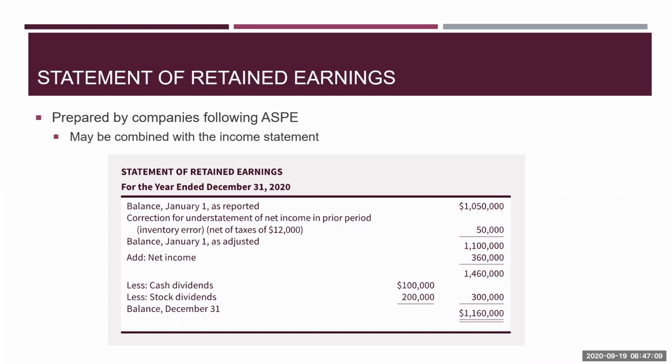But before we make any changes for the current year, we update our beginning retained earnings for the correction of an understatement of net income in a prior period, which comes from an inventory error, and that is net of tax of $12,000. So the net of tax amount is $50,000 for the prior period adjustment.